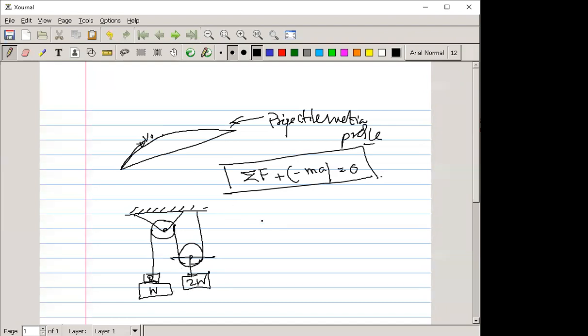Find the value of Q due to which the downward acceleration, with Q plus W as the weight, should be a equal to 0.1 of gravitational acceleration g. So find the value of Q; this is the first. The second is to find the tension in the rope.